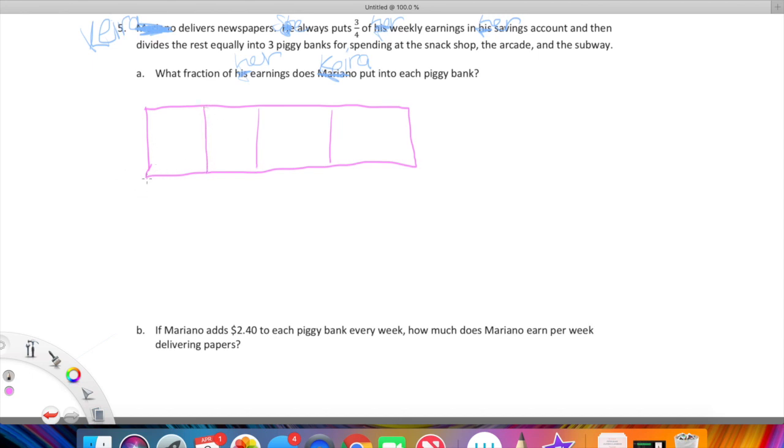Okay, so this whole rectangle, this whole tape diagram is equal to Kira's weekly earnings. Kira puts 3/4 of her weekly earnings in her savings account. Wow, Kira, you have a savings account?